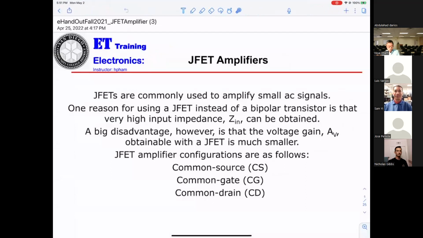Okay, last time we already talked about JFET DC bias. That's just telling you either a bipolar transistor or a JFET transistor needs the DC power supply to make the transistor work.